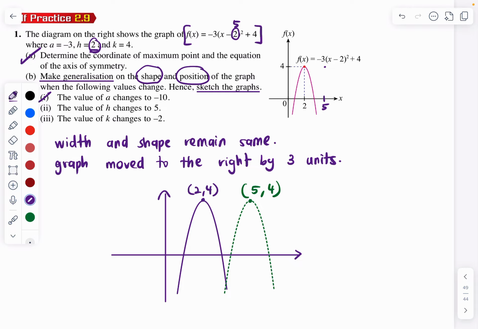Also can. Okay, because initially it was at 2 and then it moved 3 units, it became 5. Done. And you can label this x, y. That's it. This is for number 2. So when h changes from 2 to 5, the graph will move towards the right.